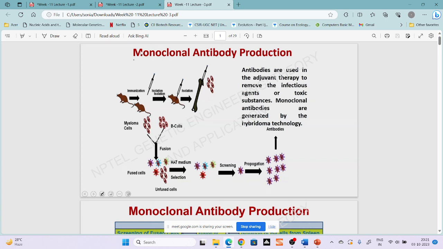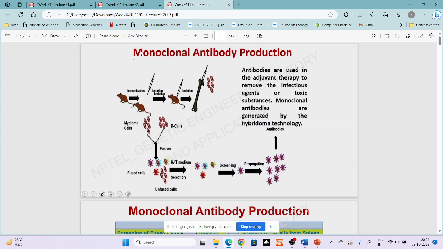Then you have myeloma cells, which are not specific to the antigen, but they have the property of indefinite growth. When you fuse myeloma cells and B cells, you get an antibody which is specific to a particular antigen and which has the property of indefinite growth. That is why this technology is known as hybridoma technology, because it is a hybrid of both myeloma cell and B cell properties. Those are your fused cells.